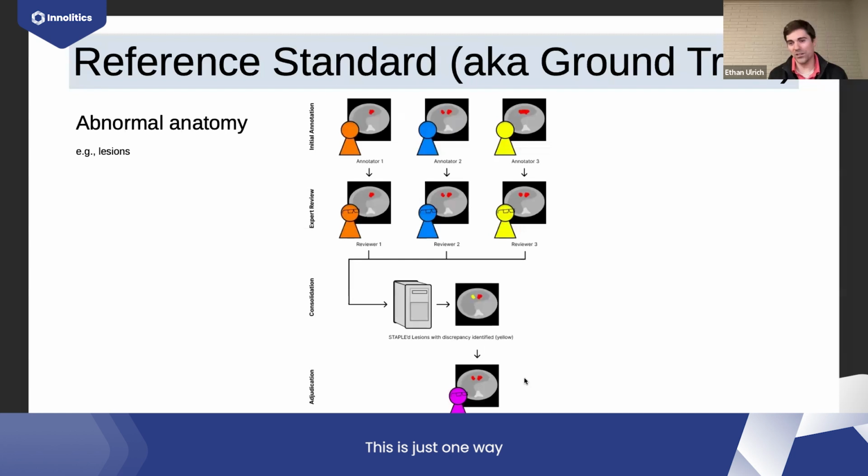This is just one way, and it's definitely recommended to propose these protocols in a pre-sub with the FDA so that they can look at it and say, yep, that's a good way to do it. And maybe sometimes if there's an easier way to do things, I don't know if the FDA would actually recommend that to you, but it's definitely good to propose your protocol in a pre-sub to have it looked at by the FDA before you go out and do it.